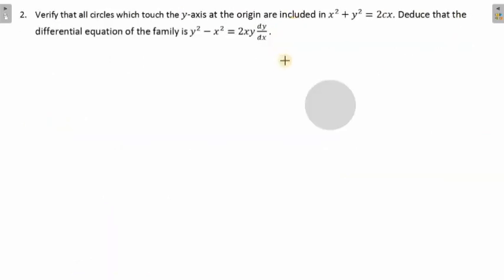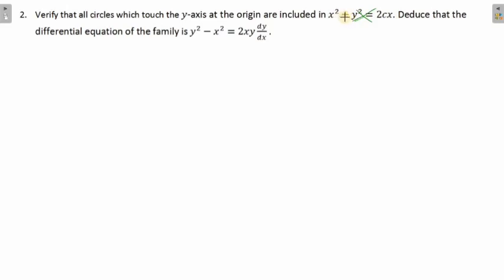So we have yet another question. The first part says verify that all the circles that touch the y-axis at the origin are included in this. You need not do this particular problem because it is a part of your class 11 coordinate geometry, so just forget about it.